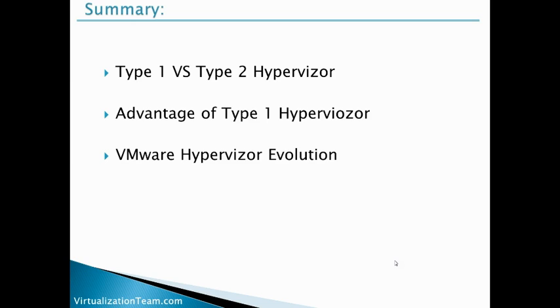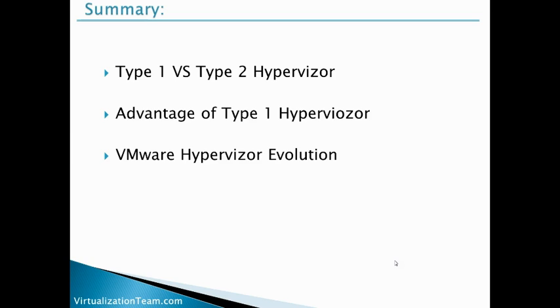Then we talked as well about the VMware hypervisor evolution. As you saw, VMware evolved from VMware Workstation, which is a type 2 hypervisor, all the way to VMware ESX, which is a type 1 hypervisor. Then it evolved even further to VMware ESXi by removing the Service Console, which was the Linux partition, removing any dependency on any generic operating system.